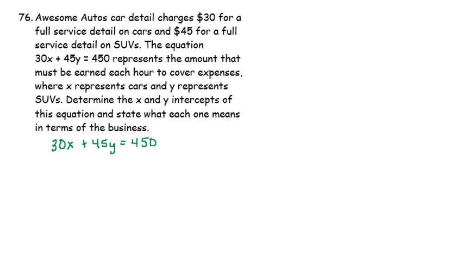To find the x-intercept, remember, we cover up the y. That leaves us with 30x equals 450. Divide by 30, and x is equal to 15. So our x-intercept here is (15, 0).